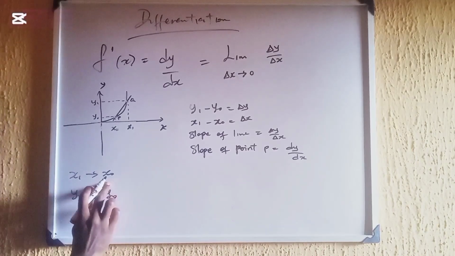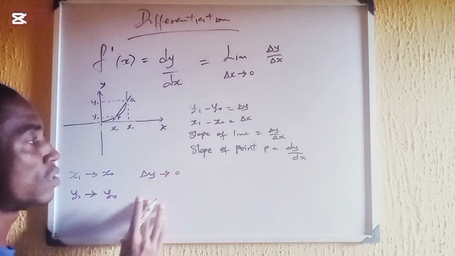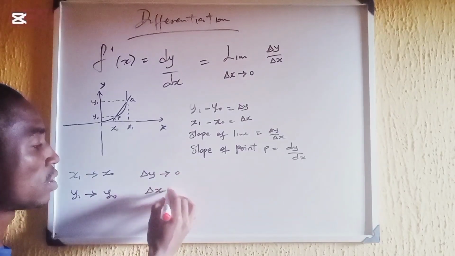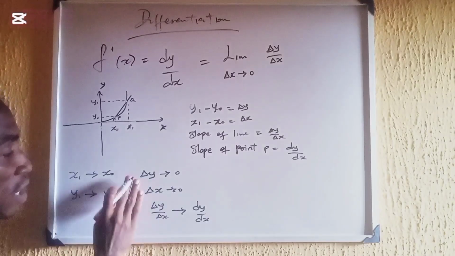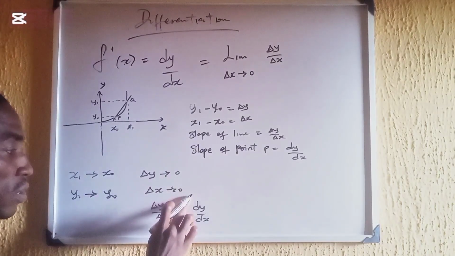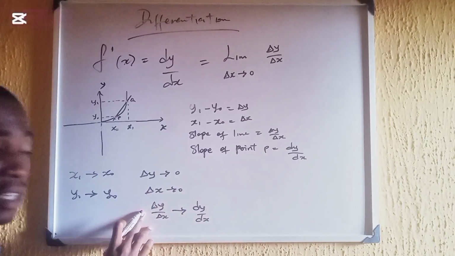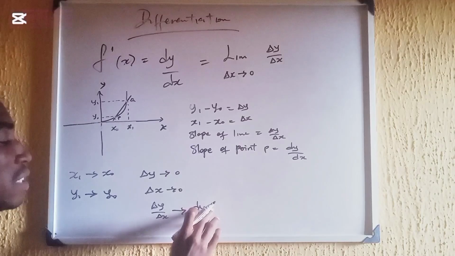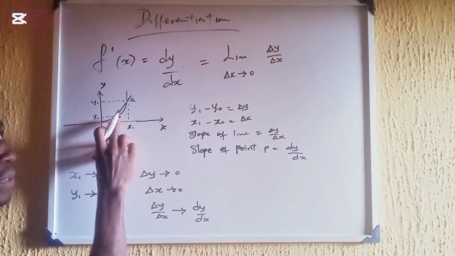If x1 is approaching x0, it means that change in y is approaching 0, and change in x is also approaching what? 0. So if both changes are approaching 0, that's change in y approaching 0, change in x approaching 0, definitely the slope of the line, which is change in y over change in x, will be approaching dy dx, which is the slope of the tangent at the point P.